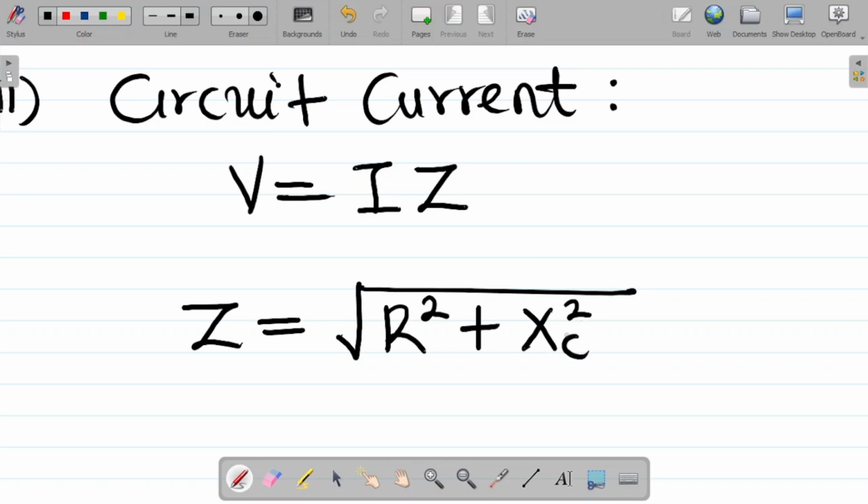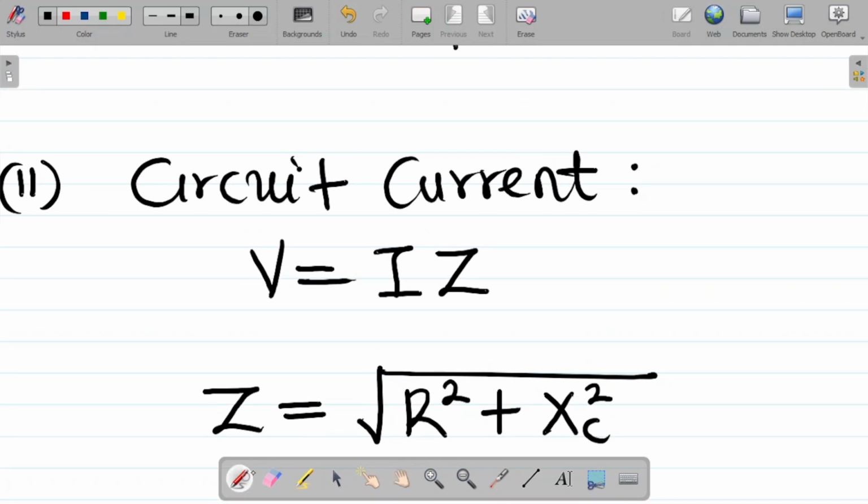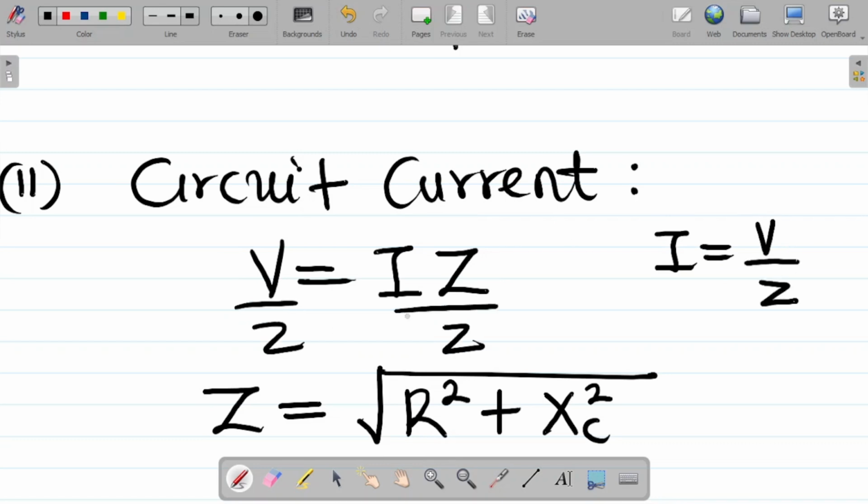This is the formula for calculating the value of Z. And if you have to find current, from this formula we can see that I will be equal to V over Z. Just divide both sides by Z, this cancels this, so I is equal to V over Z.